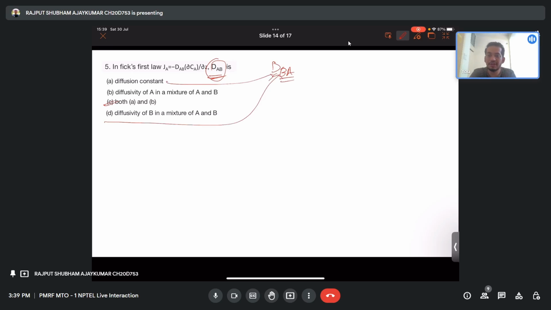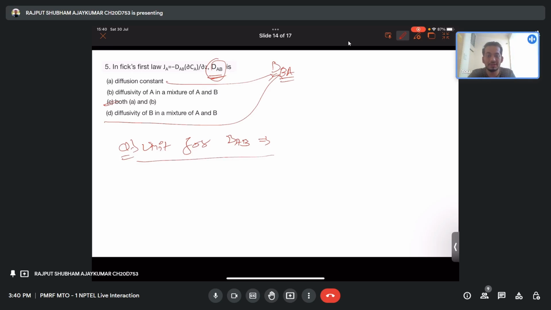One thing I've not given here is the unit for the diffusivity. What is the unit for DAB? This is also one type of question I wanted to ask you, because I've already given the flux, the diffusion coefficient, and the concentration gradient.